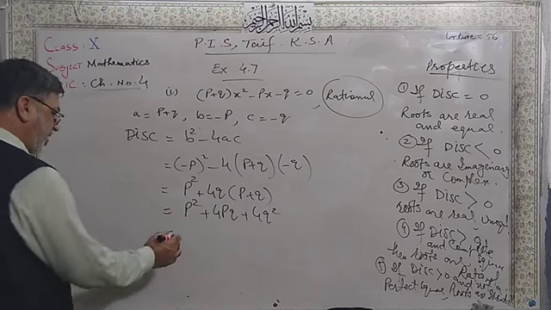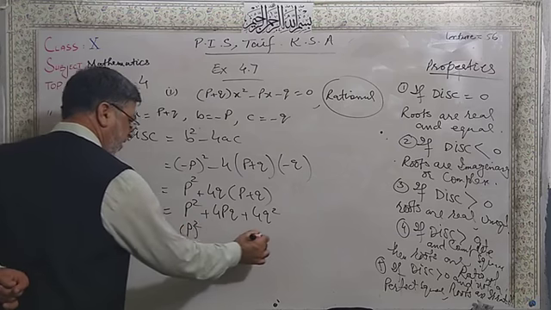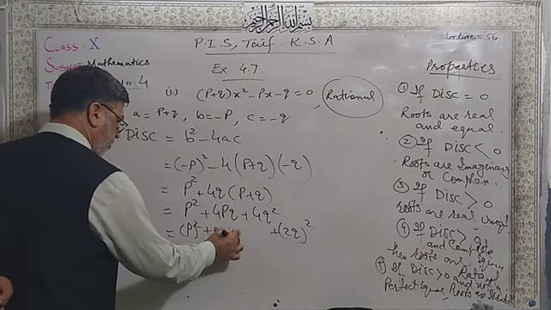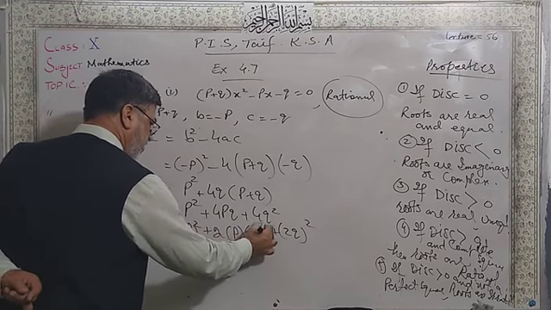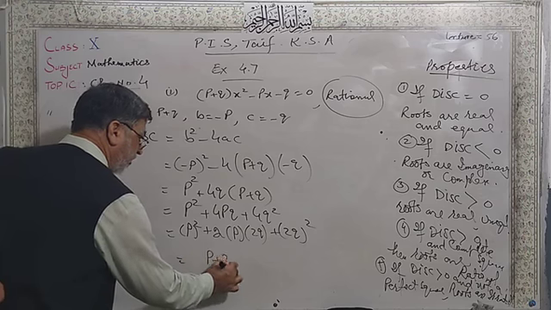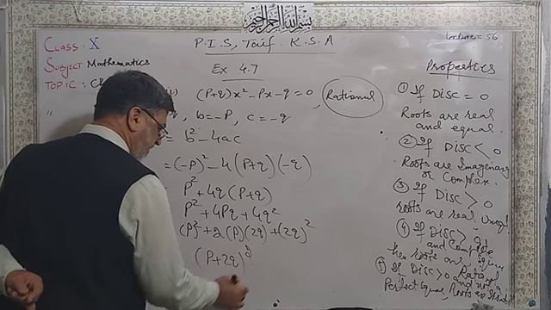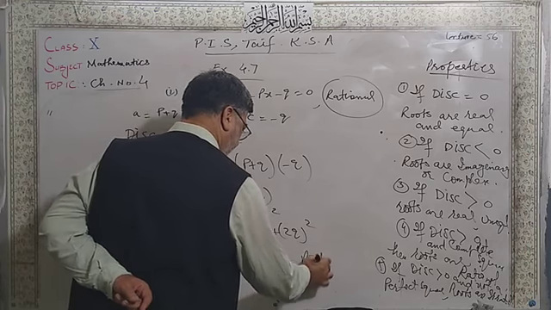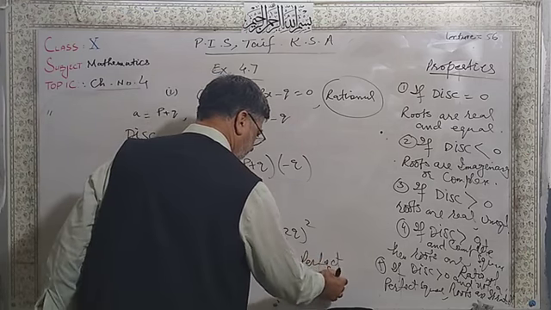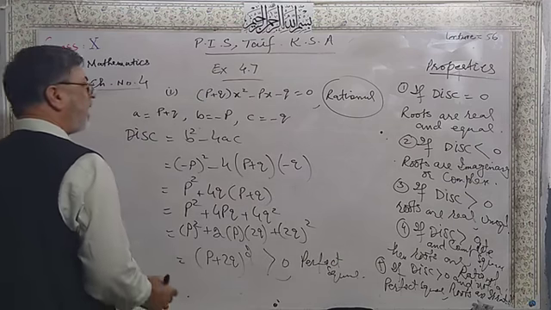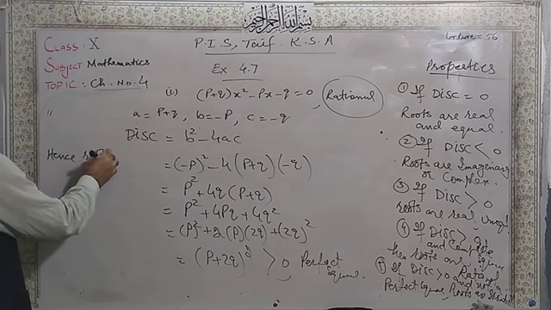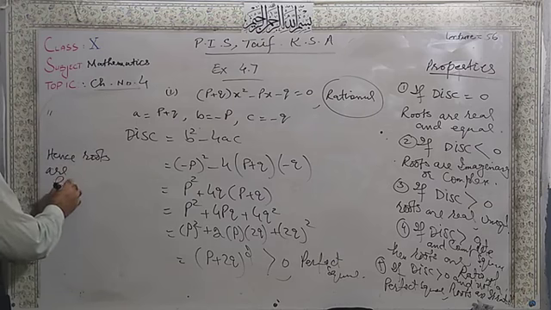You can check that first square plus second square plus 2 into first into second is equal to p plus 2q whole square, greater than 0, a perfect square. Hence roots are rational.